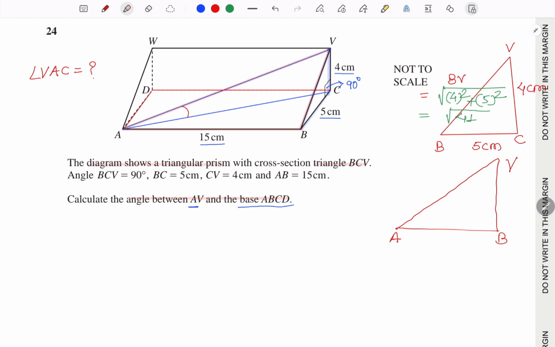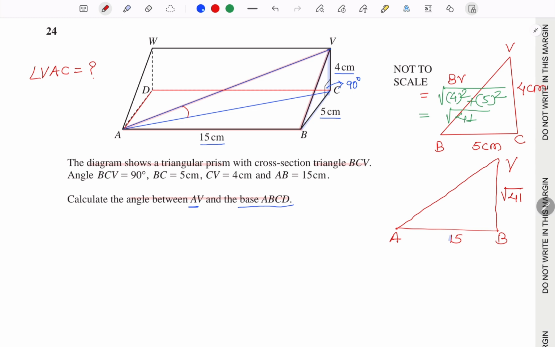This is also a right angle triangle. Here, the length of AB is already given as 15. Okay. The length of BV is given as root under 41 that we have just calculated. Okay. And we need to find the length of AV.